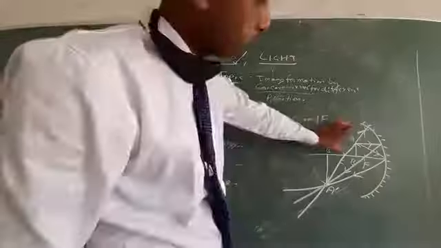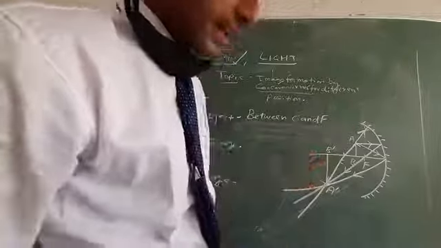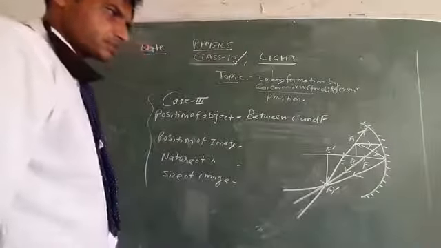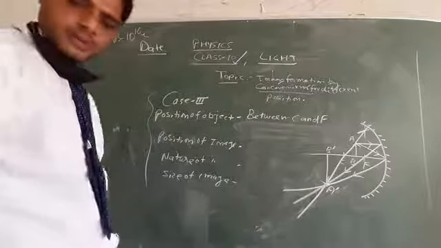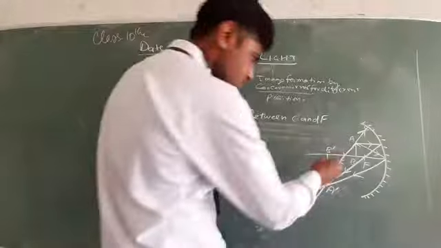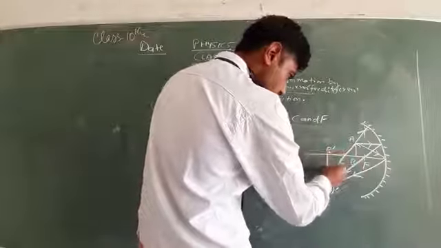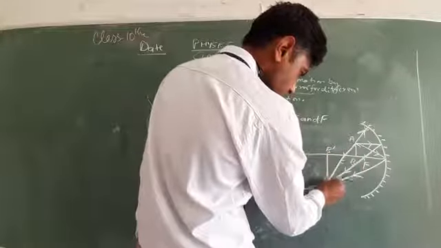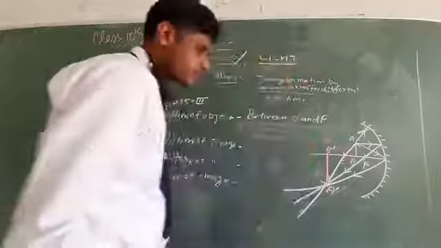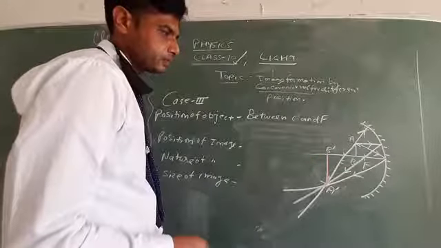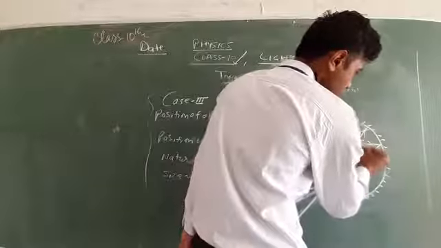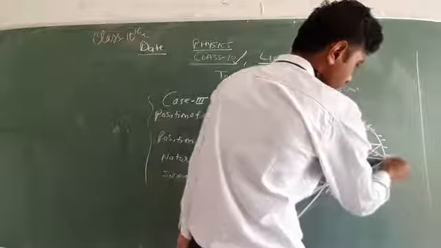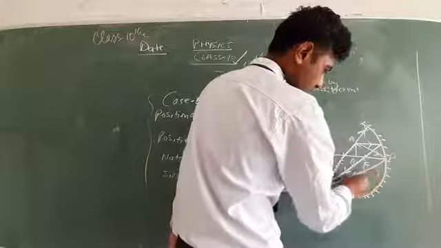So AB is the object and A dash B dash is the image. Okay, this is the image. Clear? This is the ray that takes place from the pole.